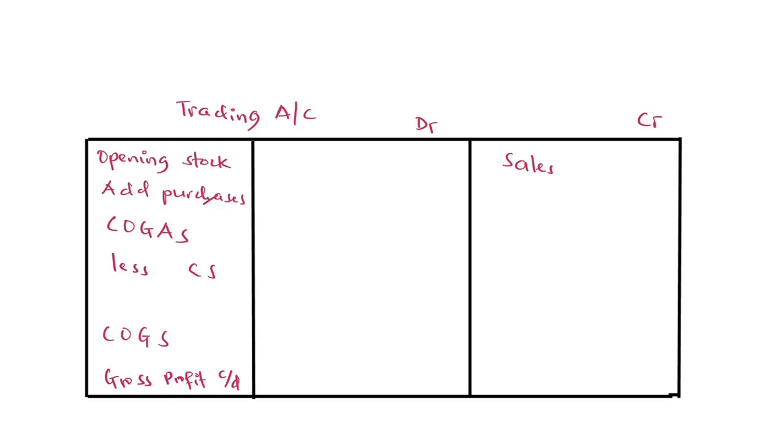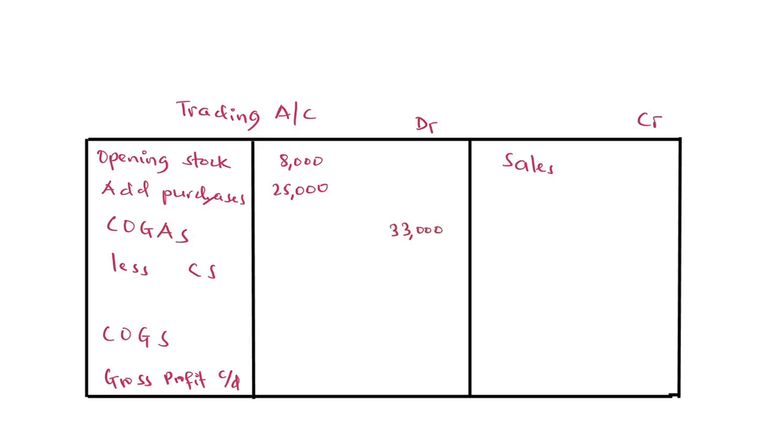Okay, so we start with the information given from the question. So we start with the opening stock, which was given as 8,000. And then we are going to add purchases, which have been given as 25,000, of which, summing this, we are going to get goods available for sale, which is total to be 33,000.